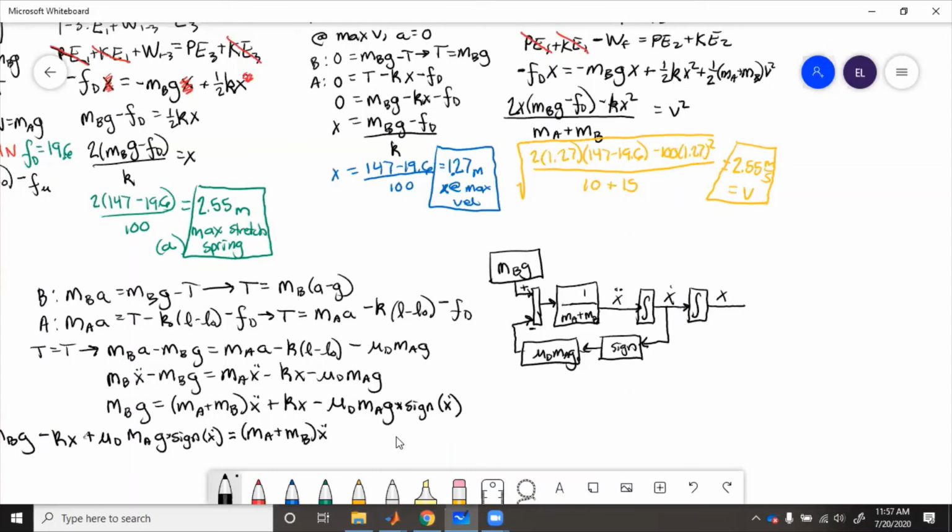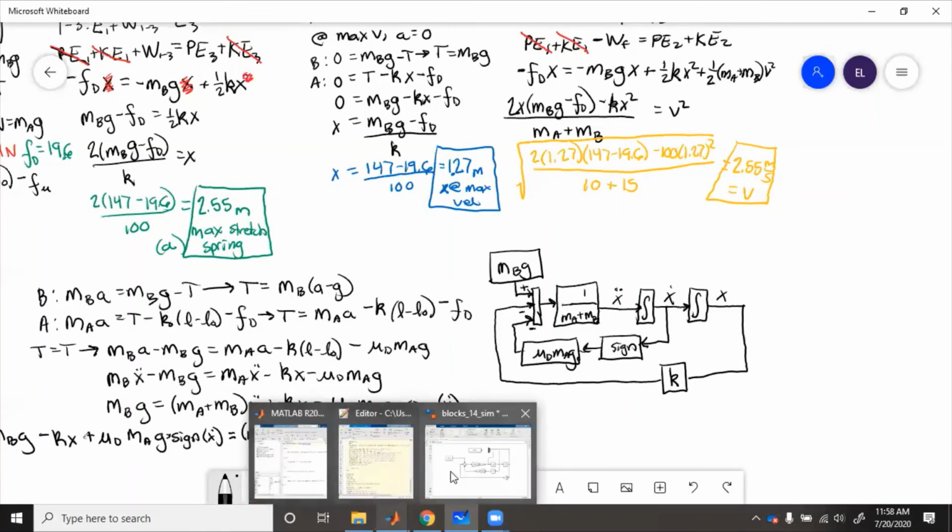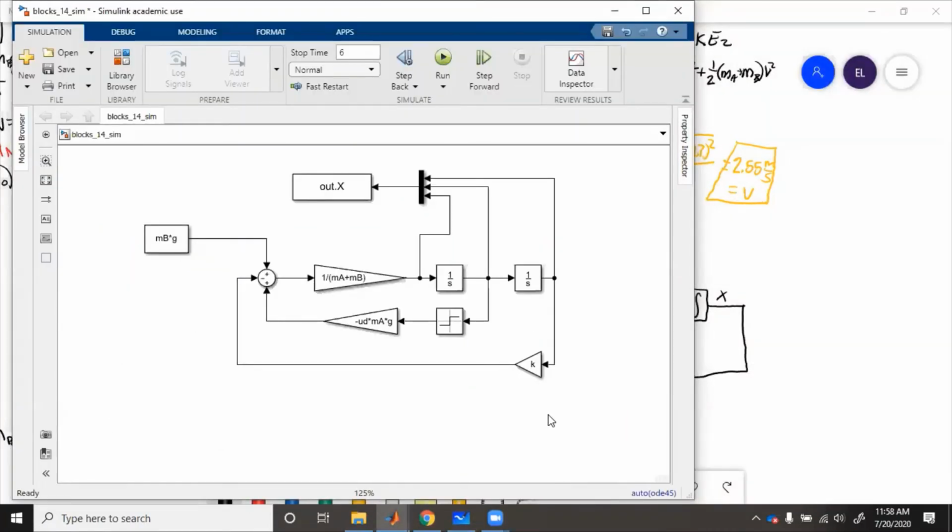And then we have to add in the spring, so this gets multiplied by k, and that's also subtracted. So this is a graphical representation of what the system looks like. And then I put it in here, Simulink. This is a MATLAB tool, and you can use it as a numerical solver.